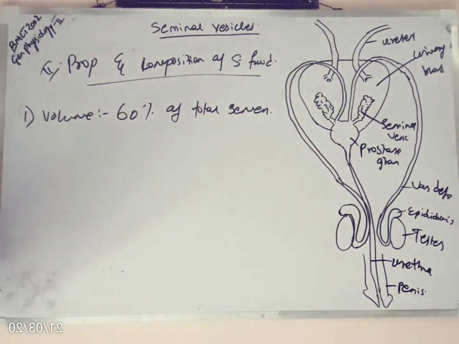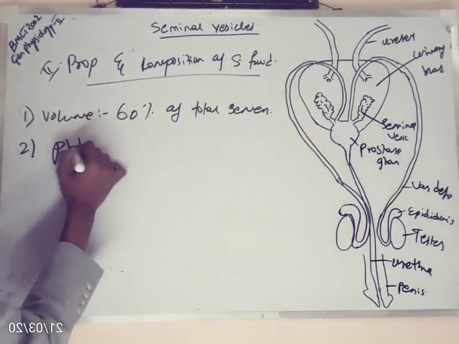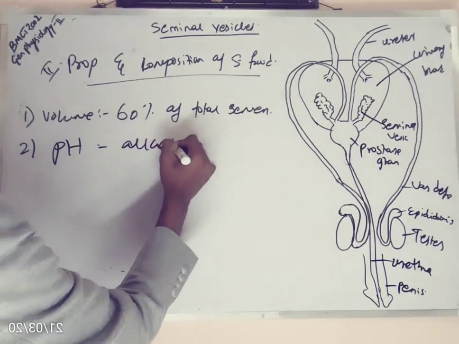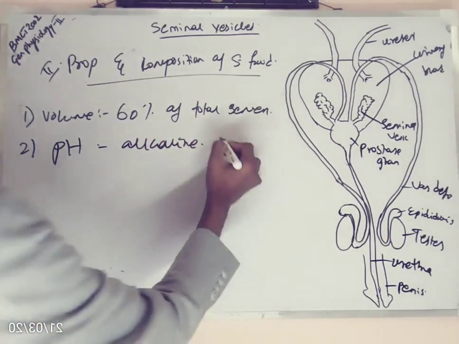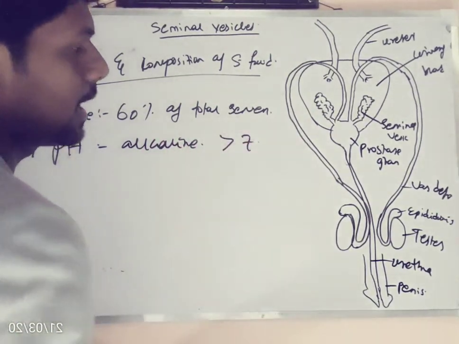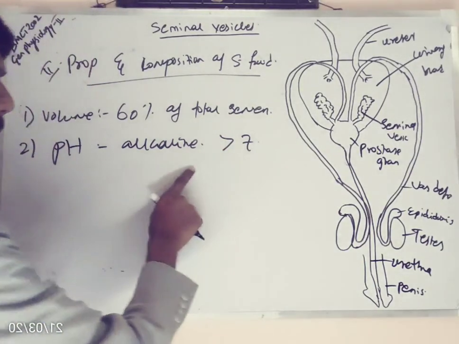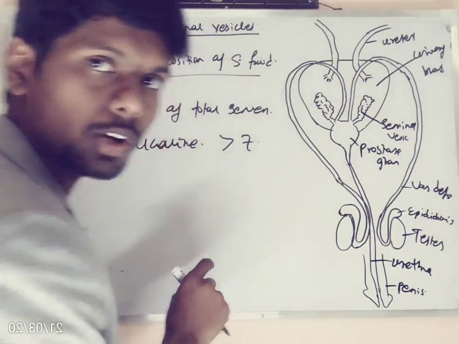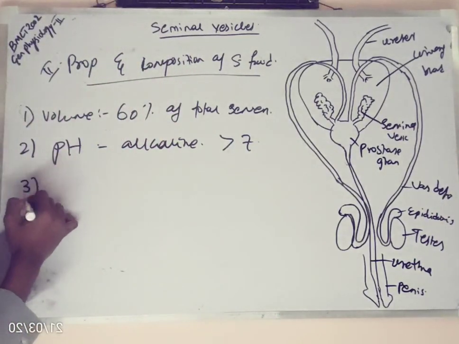Then the pH is alkaline. So what is alkaline pH, students? Greater than 7 is called alkaline pH. This is one of the important properties of seminal vesicles. They will provide alkaline pH.